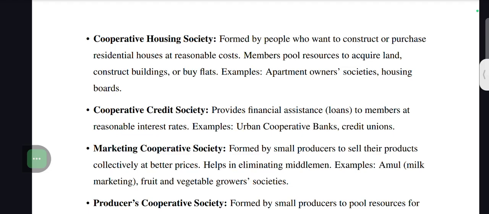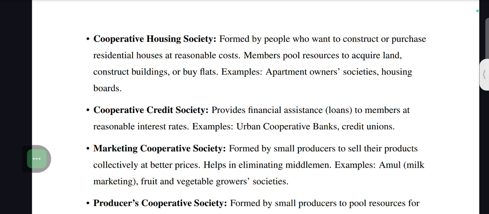Marketing cooperative society is formed by small producers to sell their products collectively at a better price.